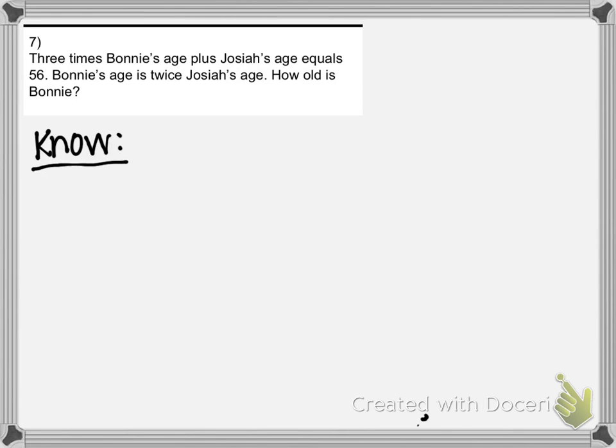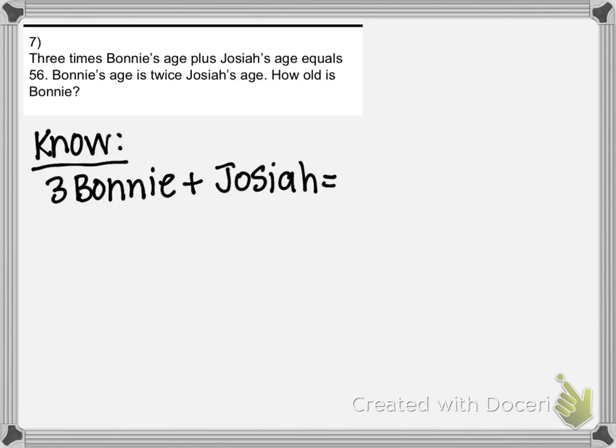We have 3 times Bonnie's age, and 3 times means we're going to multiply by 3. So 3 times Bonnie plus Josiah equals 56. And we also know that Bonnie's age is equal to twice Josiah's age.